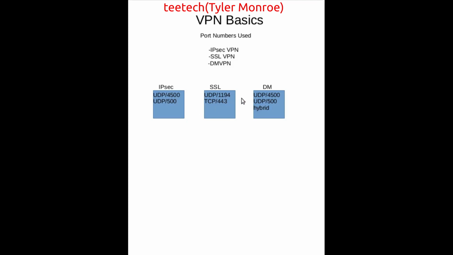And the dynamic multi-point VPNs, they use the IPsec ports and also can use other protocols. But the idea is it's for dynamic connections, like between a branch office to the cloud or a branch office to HQ, where you want to connect and access resources securely. Let's say we're at a store in the mall or whatever, or Amazon, etc. We make a purchase, but the thing is, when we make the purchase, it needs a way to encrypt.